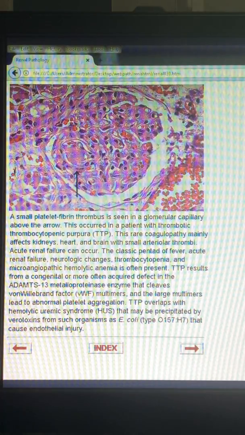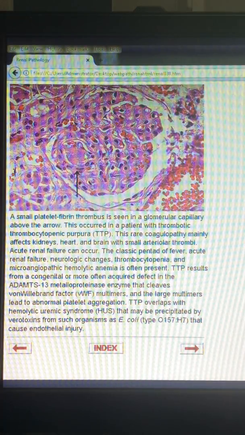You have to differentiate between the two because the cause is different, treatment-wise it is different, and even the prognosis for both is different. So the picture is the same: platelet fibrin thrombus inside the glomerular capillary wall. We talk about thrombotic thrombocytopenic purpura. It's due to a defect, as you know, in the enzyme for von Willebrand factor.